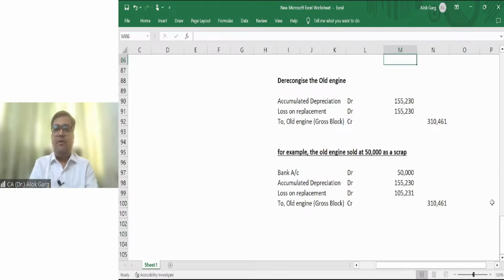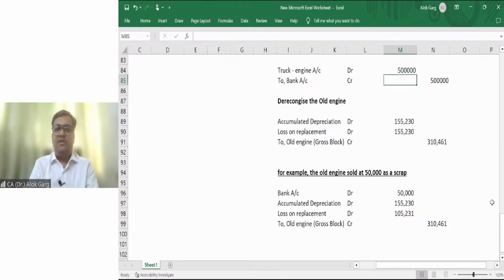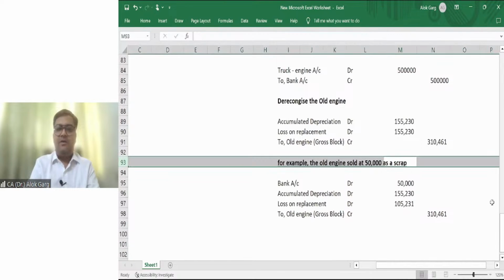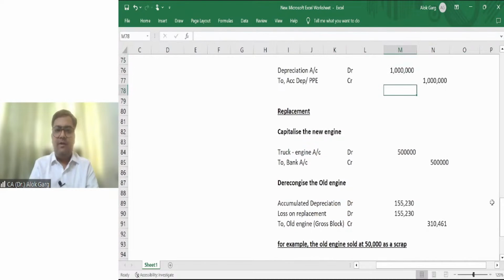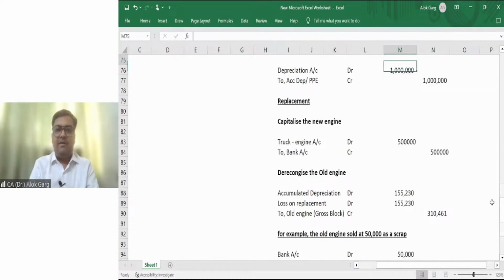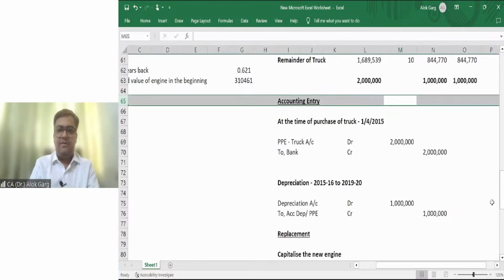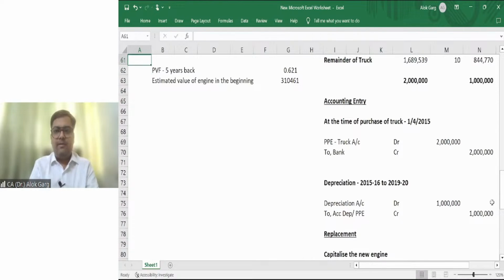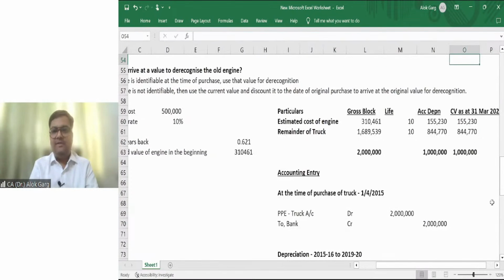Friends, please let me know if you have any doubt in understanding these entries. I have given you the depreciation chart and everything, and I have also given you these accounting entries. Please let me know if you have any doubt in understanding these accounting entries.